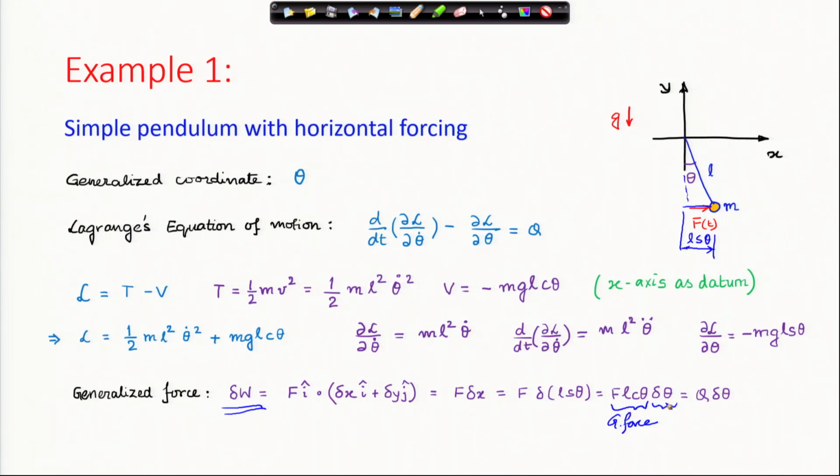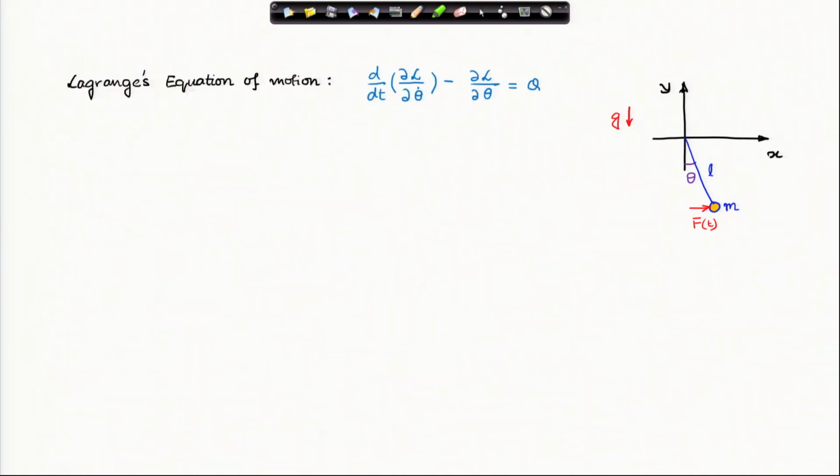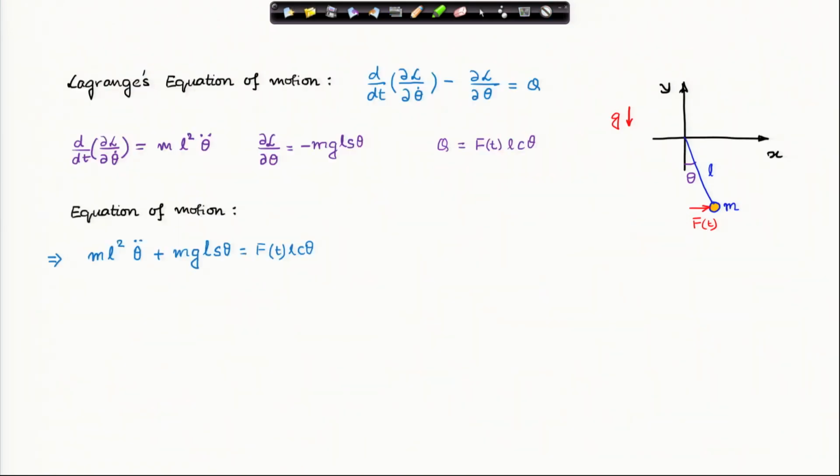And here notice that theta is an angular coordinate. Therefore, this generalized force must be a moment, must have dimensions of moment of a force. We have identified capital Q as F L cosine theta, and therefore our equation of motion is simply whatever we have derived, and on the right hand side this is F L cosine theta.